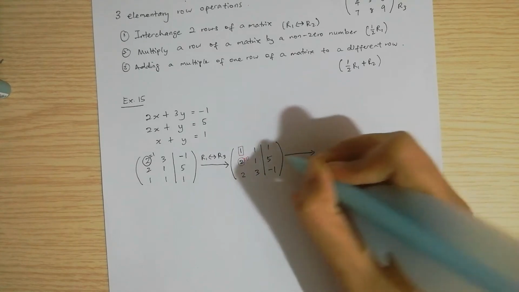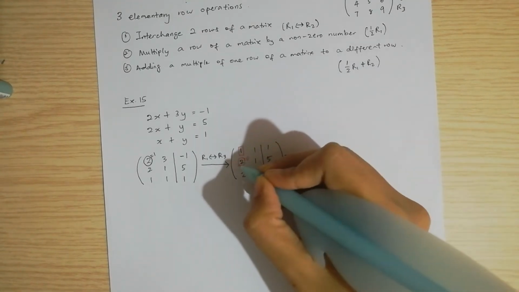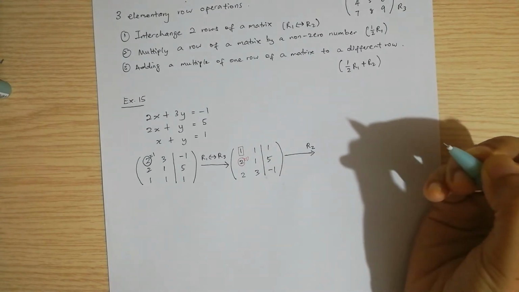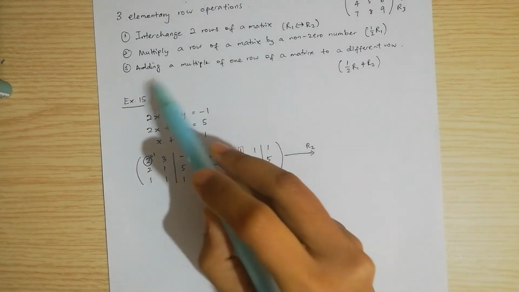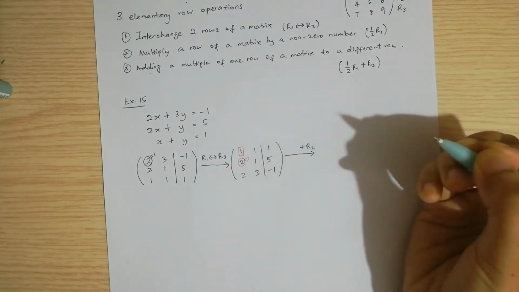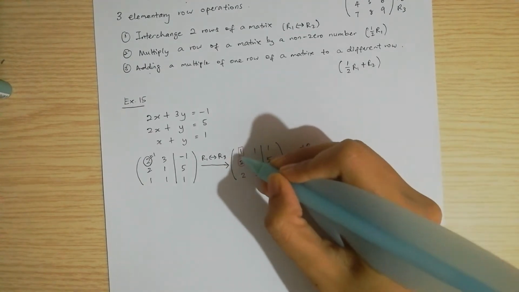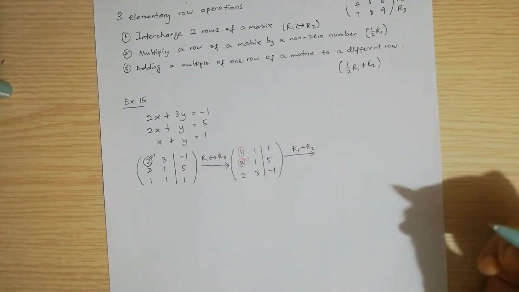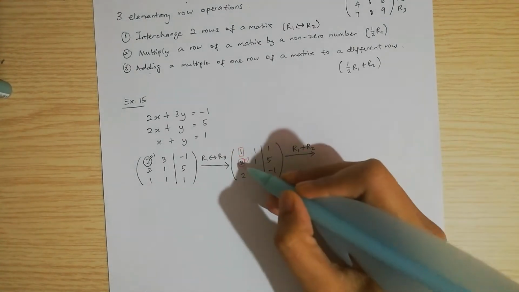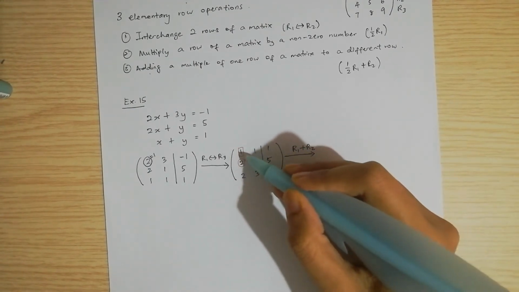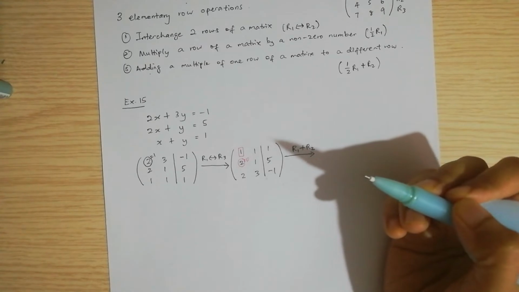Now we want to change row 2, the second row here. So I will put row 2, and it's always adding, so plus row 1, based on row 1 because we already changed it. But because it's 2 here, if you simply put R1 plus R2, you will get 3, not 0.